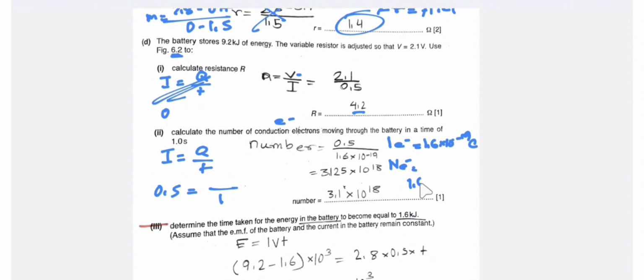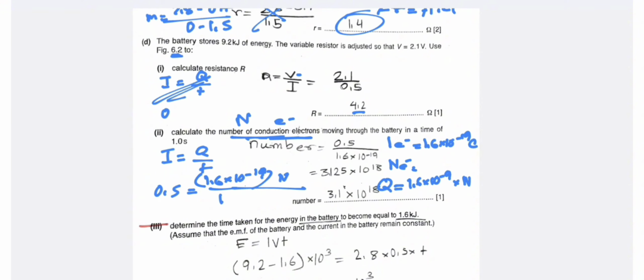The total charge would be 1.6 into 10 to the power minus 19 into n. And here we need to find the number of electrons, or n. So the total charge that we get is n into 1.6 into 10 to the power minus 19 coulomb, where n is the total number of conduction electrons.